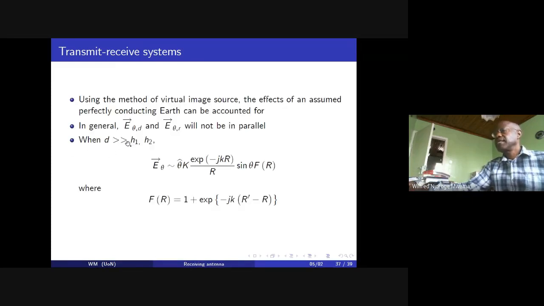When D is much larger than the heights above the Earth's surface for the antennas, we can write that E theta is just going to be in the theta direction, multiplied by the amplitude constant, multiplied by the phase shift and sine theta, and the antenna function, that is the factor for the antenna, where f of r is just given by 1 plus exponent of minus jk times the path difference between the direct wave and the ground wave.